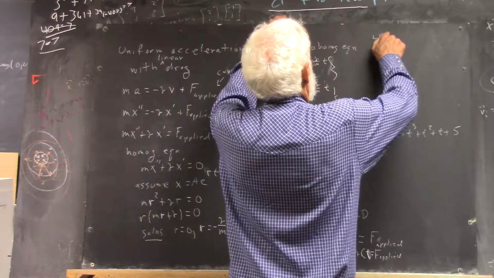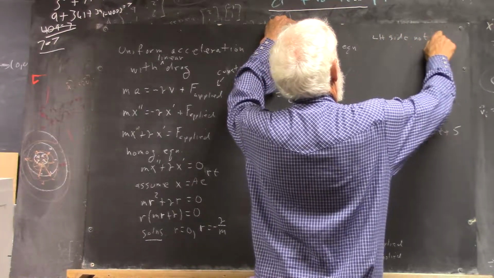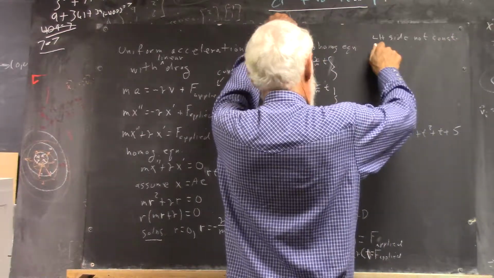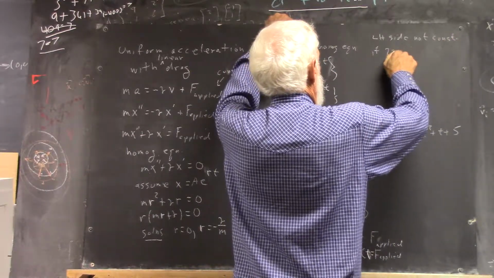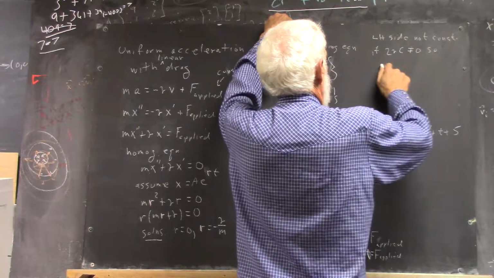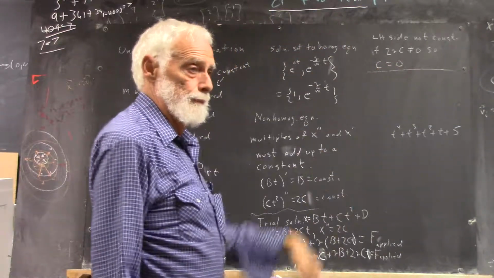So the left-hand side is not constant if 2 gamma c is not equal to 0, so c has to equal 0.